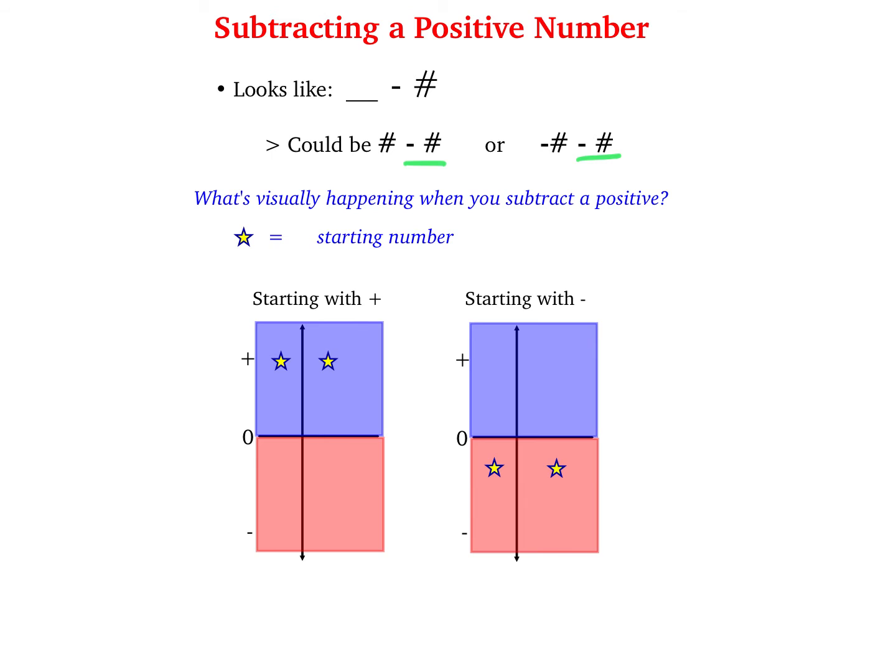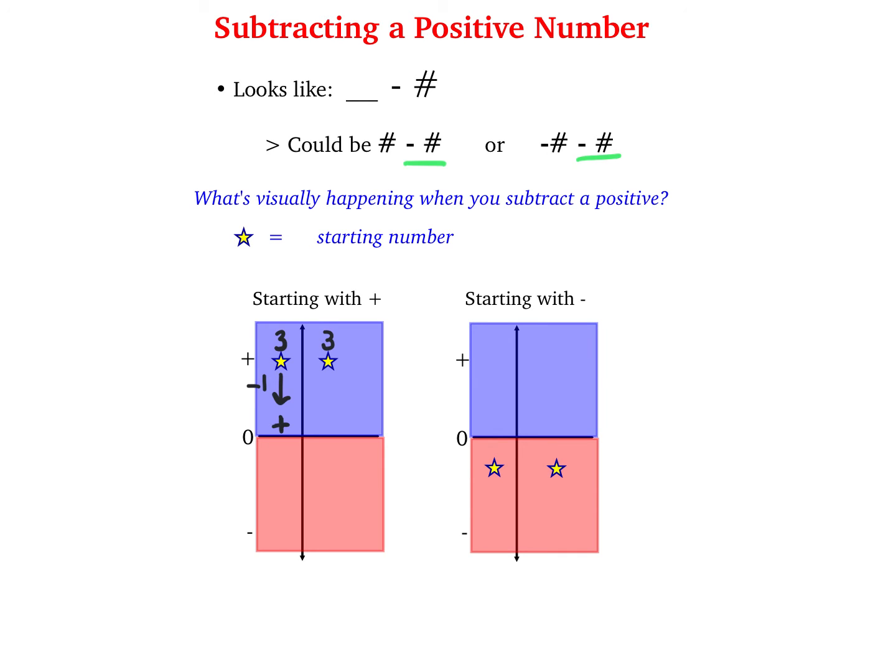So I always like to start just by visualizing what's really happening when you're subtracting a positive number. Let's say first you're starting with a positive, and I'll give you some examples to think about. Let's say we're starting here at a positive 3. If I'm subtracting positives, we're getting lower. So let's say for starters, I just subtract a 1.